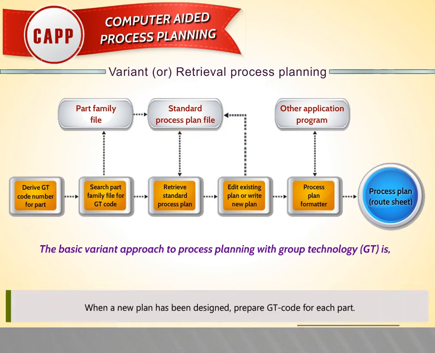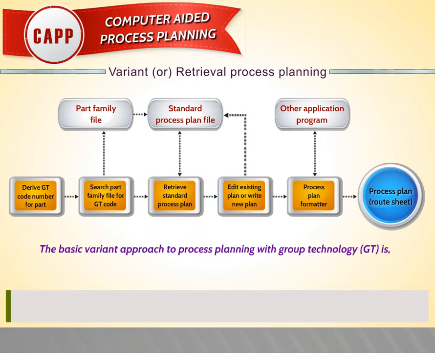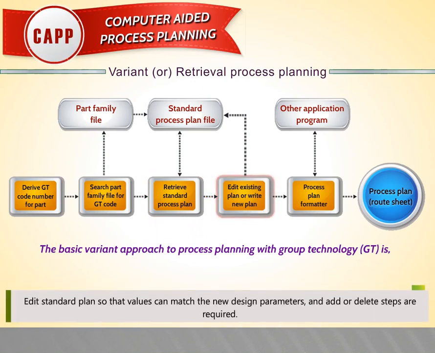When a new plan has to be designed, prepare a GT code for each part. Use the GT system to look up which part family is the closest match and retrieve the standard plan for that part family. Edit the standard plan so that values match the new design parameters, and add or delete steps as required.